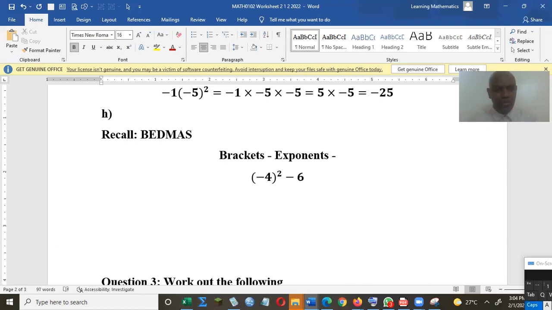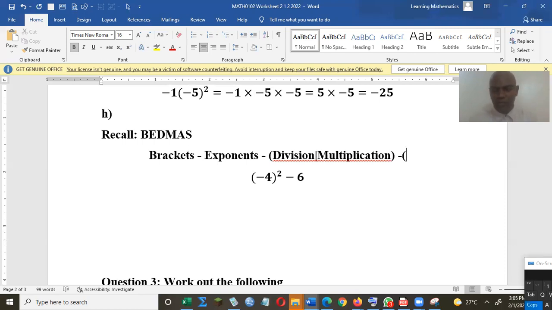Then you move on to either division or multiplication. Okay, it doesn't matter which one comes first. Division slash multiplication. It doesn't matter. So you can do division first, then multiplication, or multiplication, then division. And the same applies for addition and subtraction.